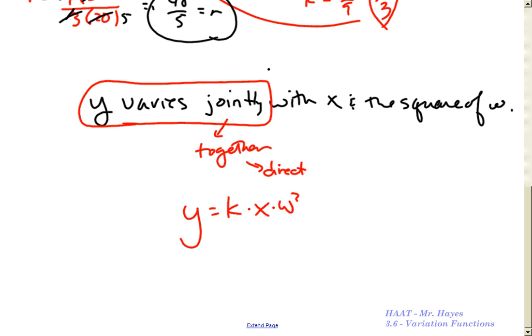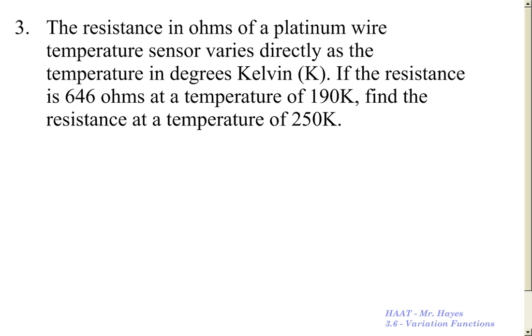Real life. Resistance in ohms of a platinum wire temperature sensor varies directly. The resistance of a platinum wire varies directly as the temperature in degrees Kelvin.